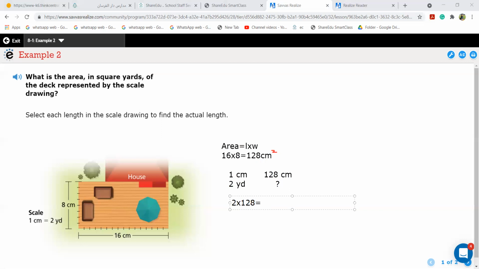That is 128 times 2, that is 256 centimeters square. 256 centimeters square will be the answer. Any question?